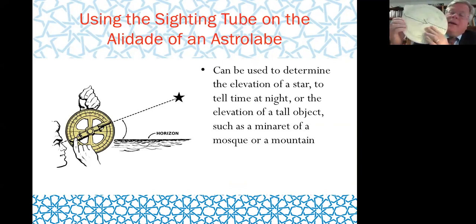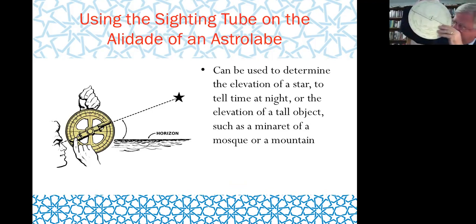On the back, there is this piece called an alidade, and on a real astrolabe, it has a sighting tube that one can line one's sight up along, from one end of the alidade to the other, and use it to determine the elevation of a star above the horizon, or to determine the height of a tower, say a minaret of a mosque, or the height of a mountain.